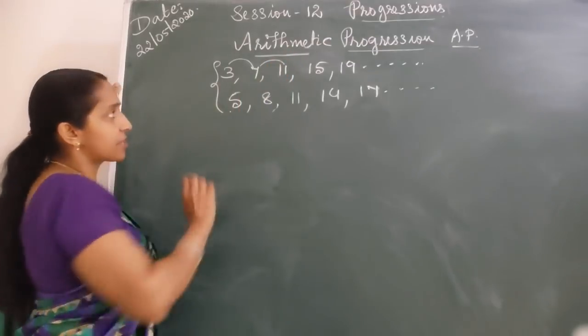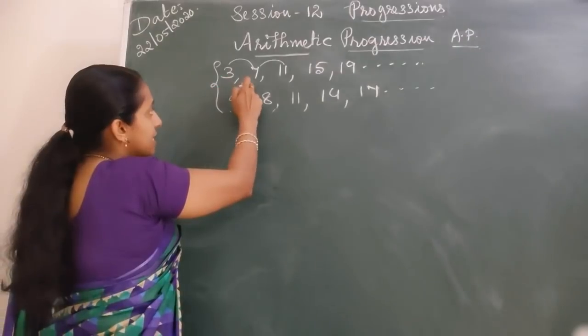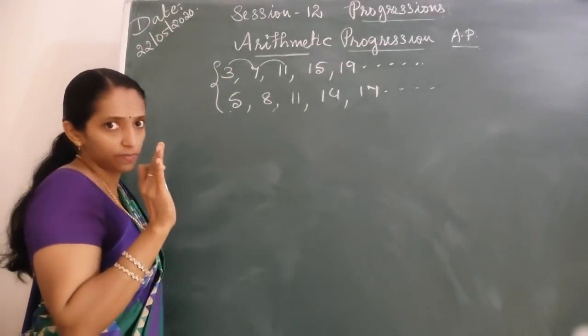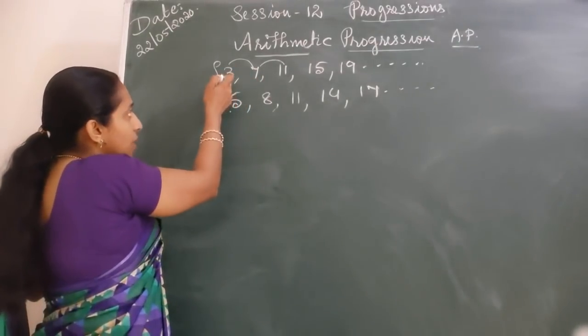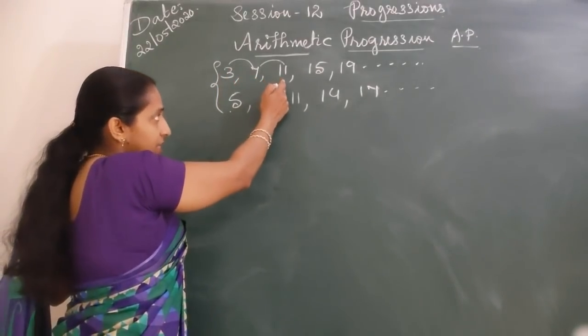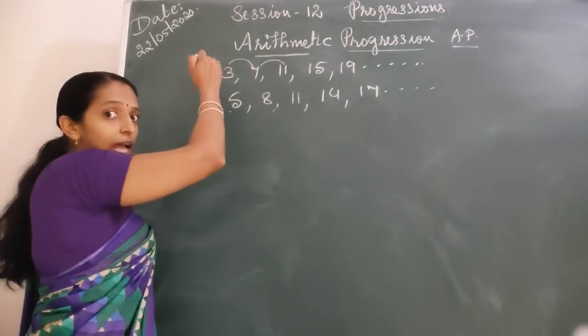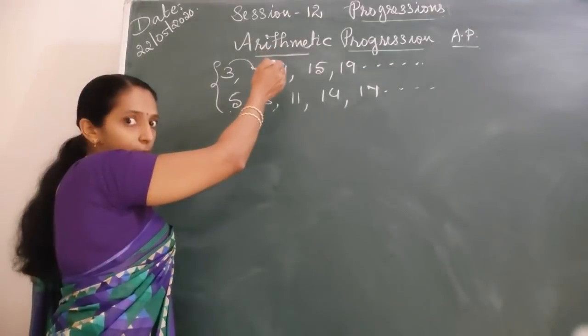Which is the common difference here? In the first sequence, the common difference is 4. That means 3 plus 4 is 7, 7 plus 4 is 11, 11 plus 4 is 15, 15 plus 4 is 19. You have a common number 4.